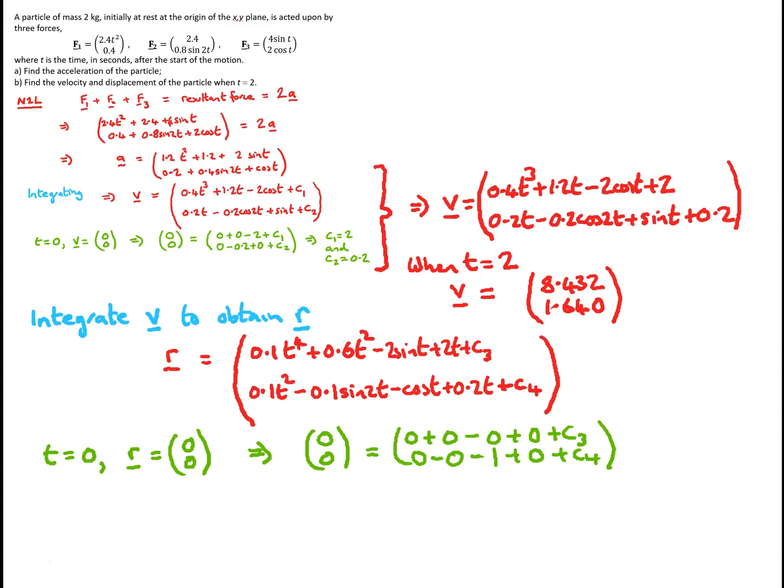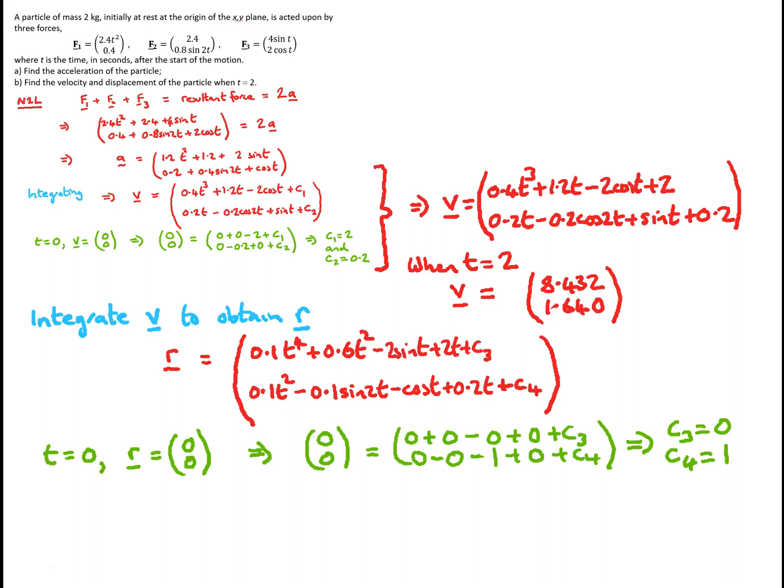Looking at the y component, 0 must equal 0 minus 0 minus 1 plus 0 plus c4, so c4 must be equal to 1. So c3 is 0 and c4 equals 1.